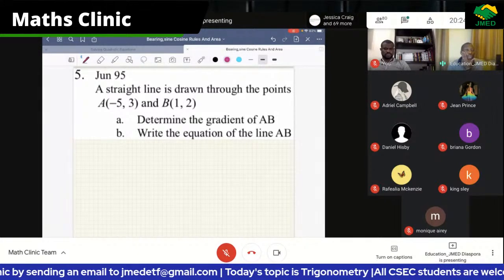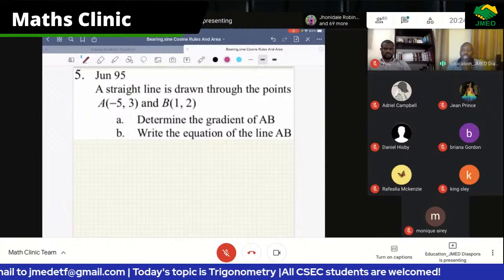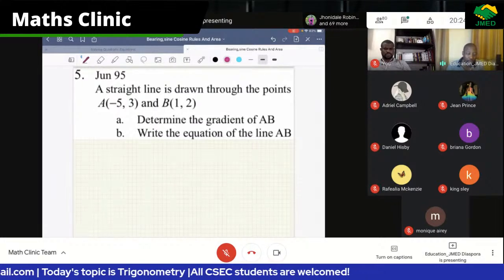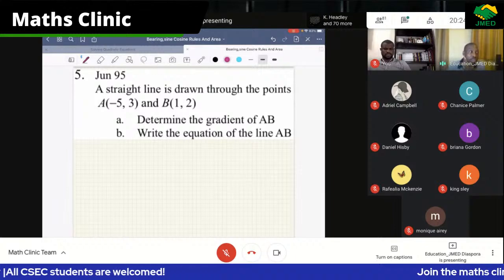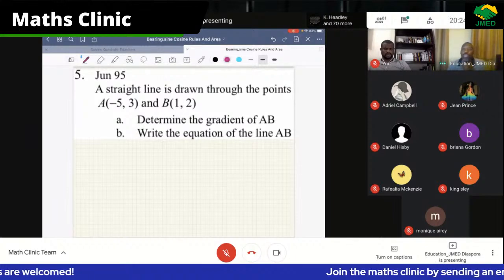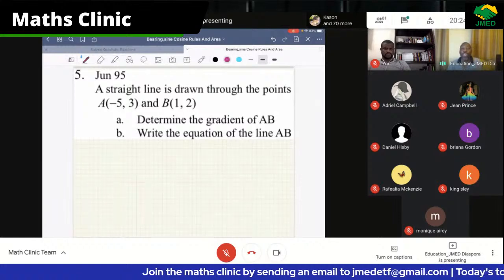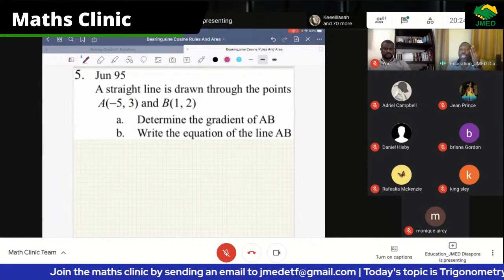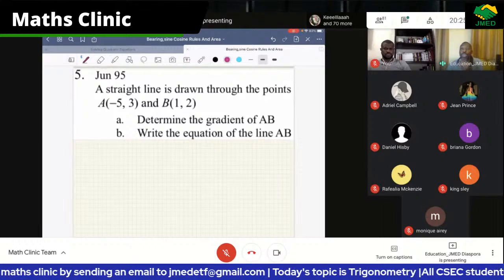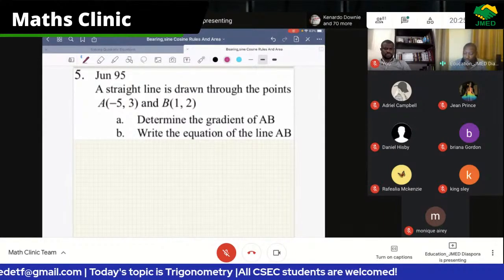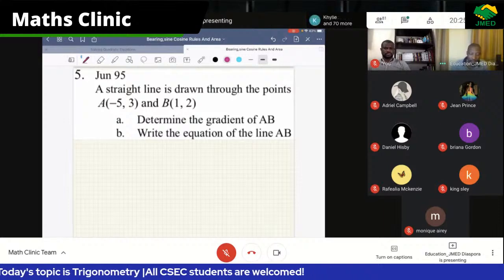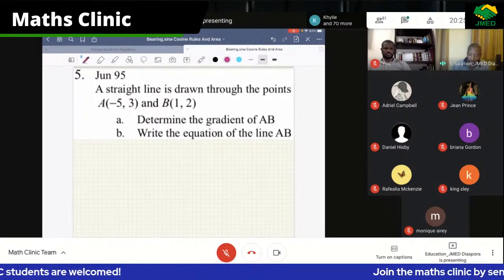For those who are here, remember, how many minutes do we have? We've got 6 more minutes and then the conceptual teaching and learning will take place, in which today we'll be looking at bearings, area of a triangle, and the sine and cosine rules. So we're going to spend some time working on those today. We've got 5 more minutes before we enter that section.